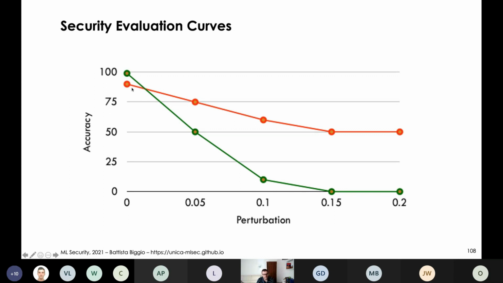And if this is of interest in your application, you could say, okay, then I might prefer the red model, because it seems to be more robust to perturbations, which are likely to happen during my operation phase, for instance. So that's basically the intuition here. We would use this analysis to complement classical standard evaluations, or to understand if a model is robust.